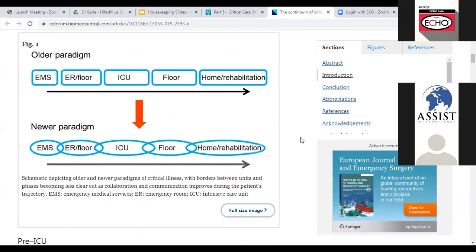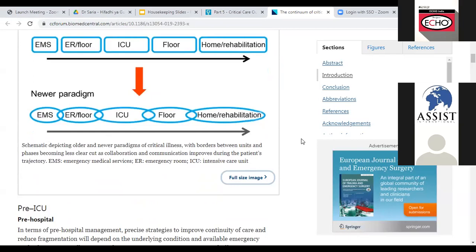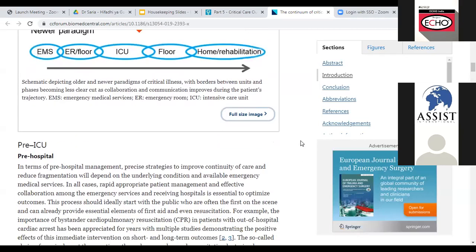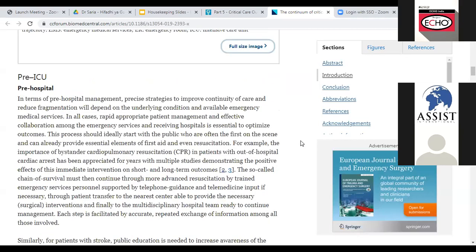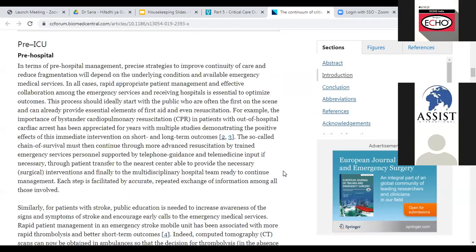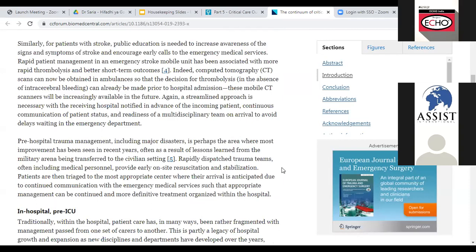Critical care should be provided anywhere, at home if possible, at the scene if it's pre-hospital, in the ICU, in the ward, even post-ICU discharge, the patient has to be monitored. And if he or she needs any critical care, that care should be provided in that place.